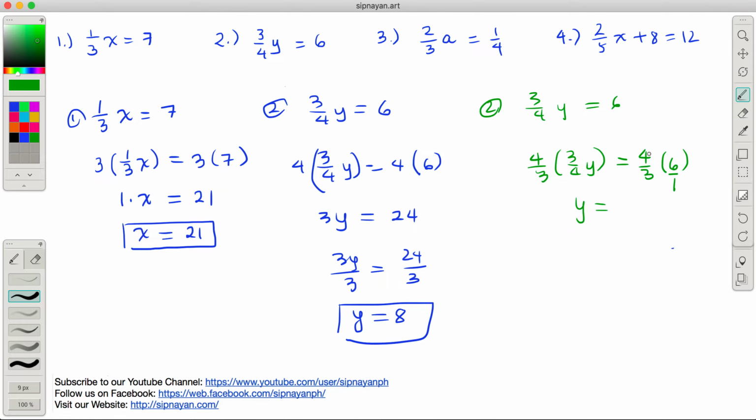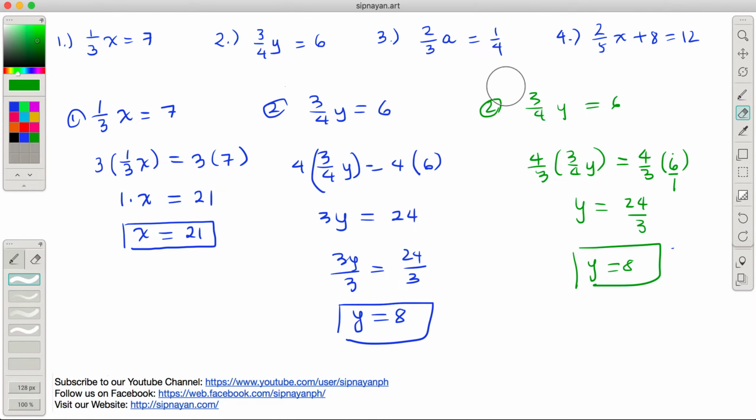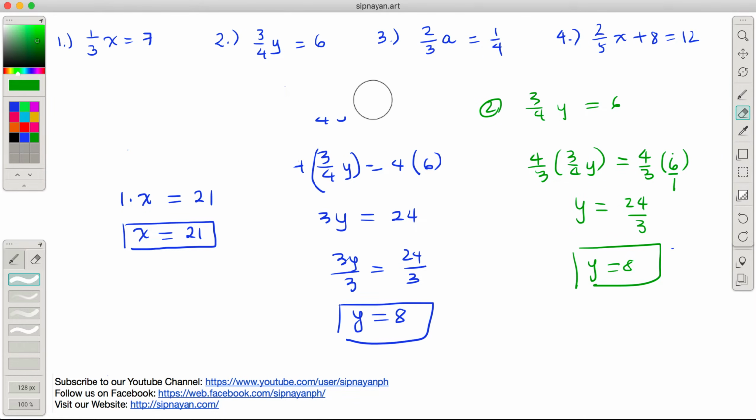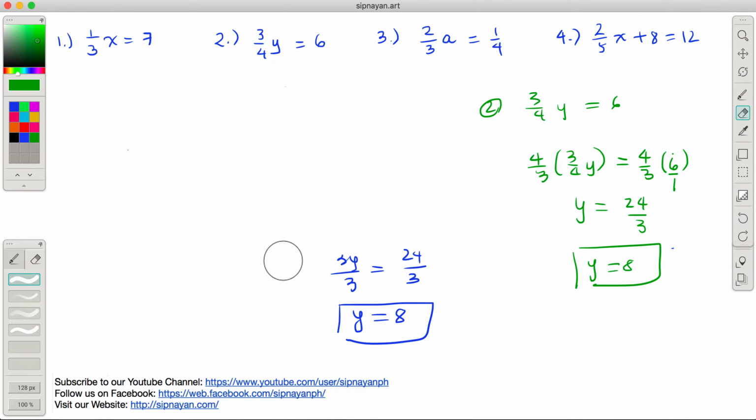Over 1. 4 times 6 is 24. And then 3 times 1 is 3, yung denominator. Which means that y is equal to 8. Pareho lang nito, di ba? So, tignan natin tong number 3. Gagawin natin sa number 3 is yung shortcut na, yung reciprocal na yung gagawin natin. Mas mabilis, di ba?